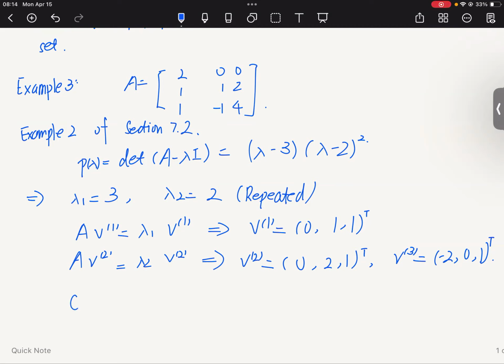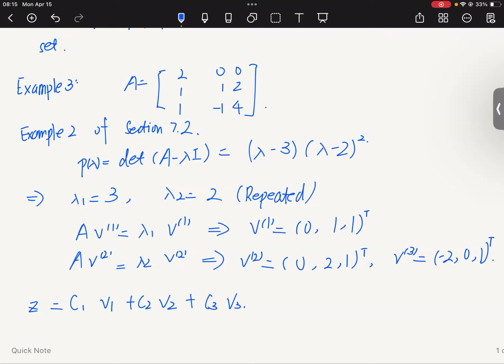So I will give you the idea to prove they are linearly independent. This is related to your homework 1. We have the vector z, and let it be c1 v1 plus c2 v2 plus c3 v3.